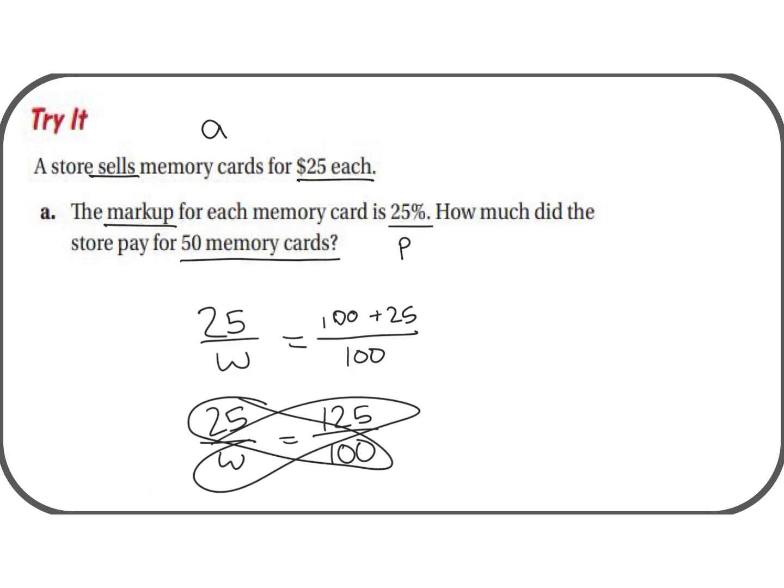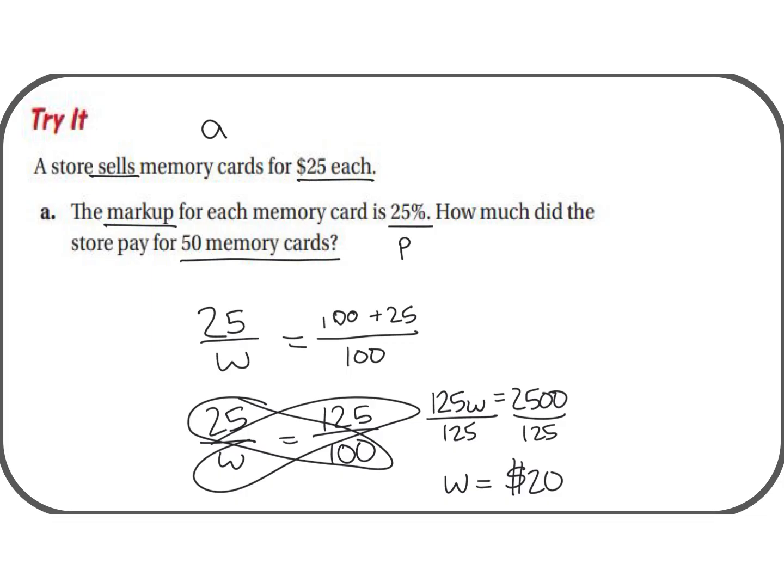We're going to cross multiply to get 125W equals 2,500. Dividing by 125 gives us an original price of 20 bucks. That's initially what they bought all these for. They then marked it up 25%, and then they sold each of them for 25.